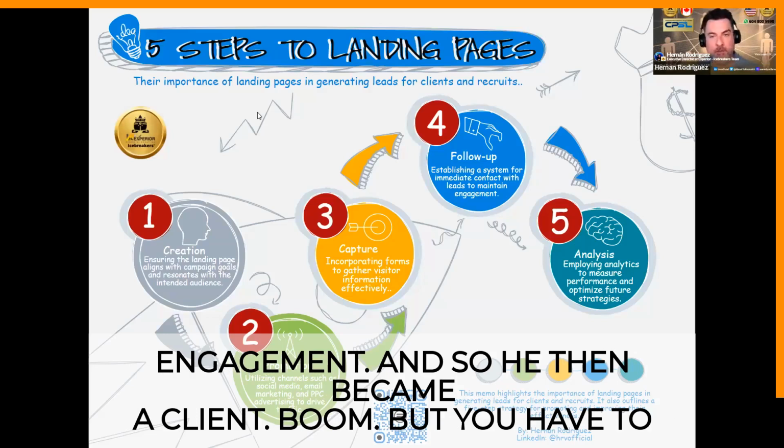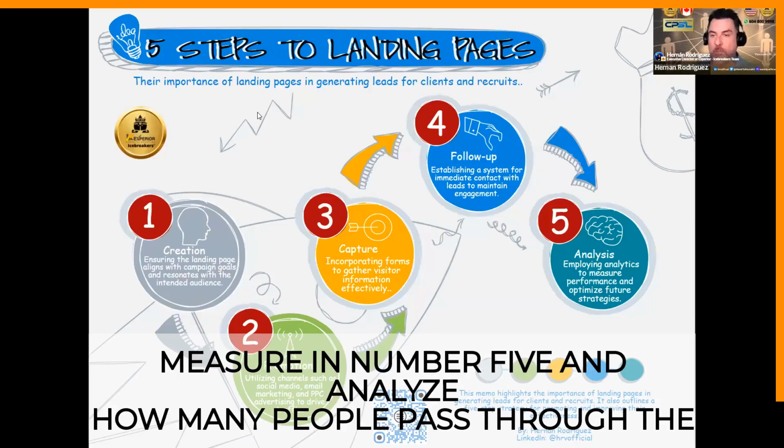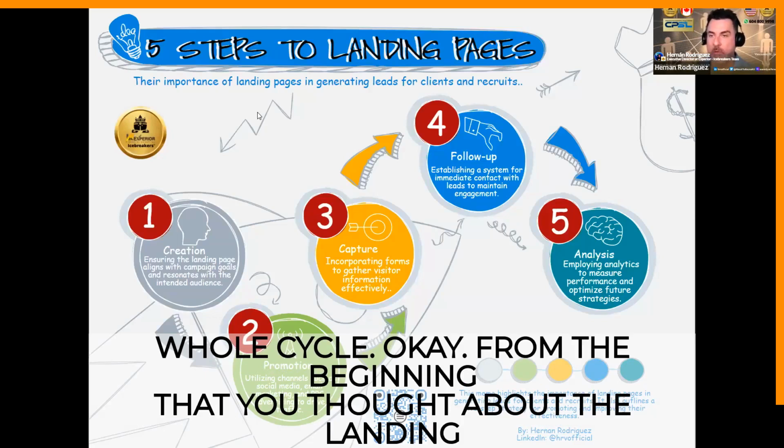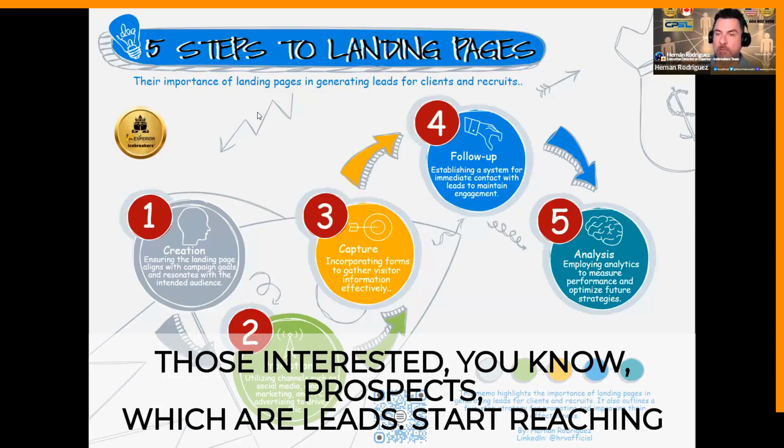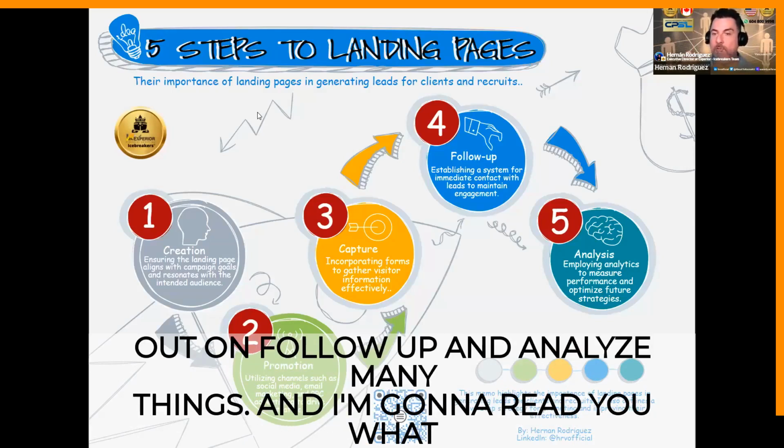And so he became a client, boom, but you have to measure in step 5 and analyze how many people pass through the whole cycle, okay? From the beginning, when you thought about the landing page, created it, promoted it, started capturing some of those interested prospects, which are leads, and started reaching out and following up, you analyze many things.